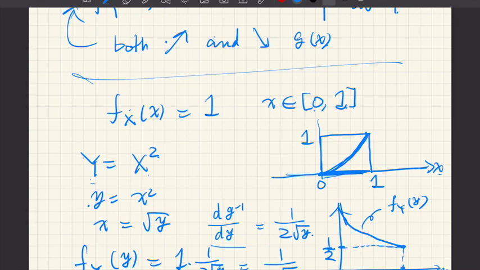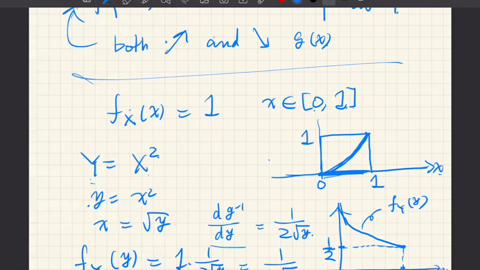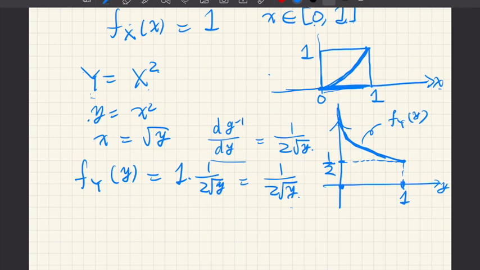In fact, in this case, it will be infinity near 0. Okay. Interesting. Is that true, really? It sounds strange, but maybe I'm wrong, so let's check in the tutorial. I hope this is right. Okay. So anyway, this is how you change variables.